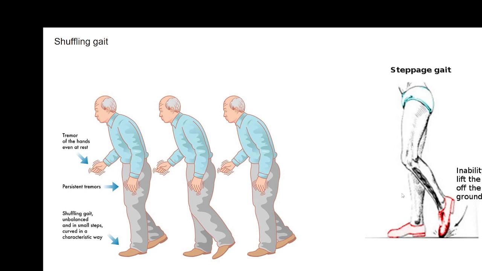So the shuffling gait again is seen in case of extrapyramidal tract pathology, particularly the Parkinson's conditions, where the extrapyramidal tract is involved. It's characterized by the tremors and bending forwards. The person would be bending forwards as such. The footsteps taken would not be rhythmic.